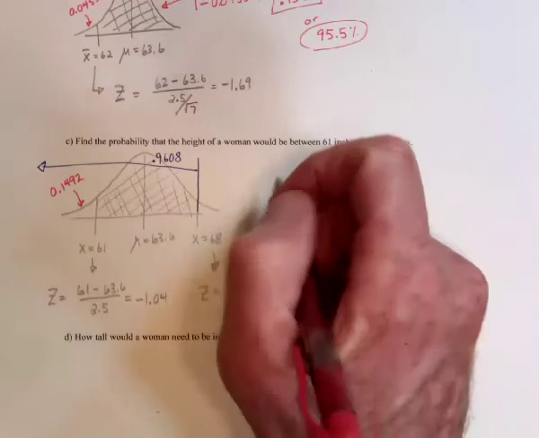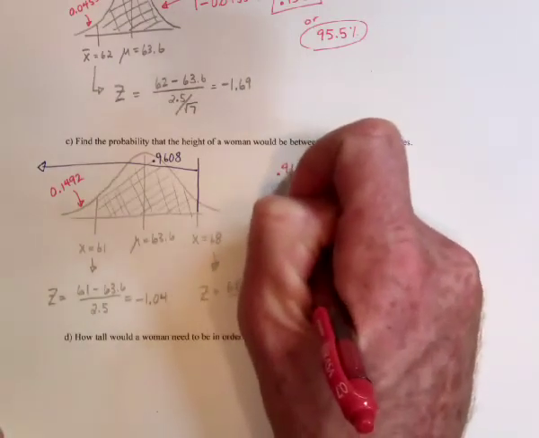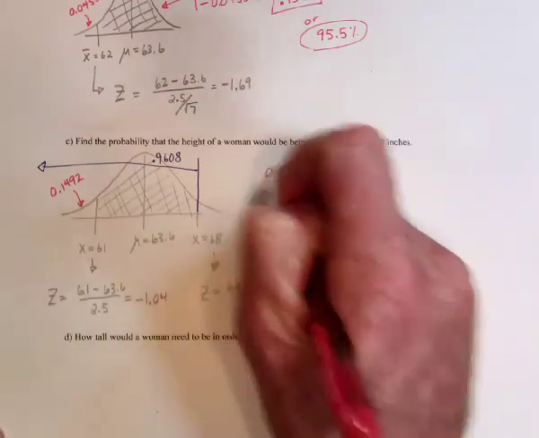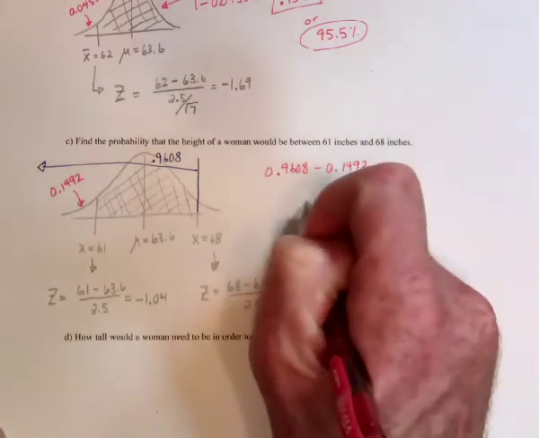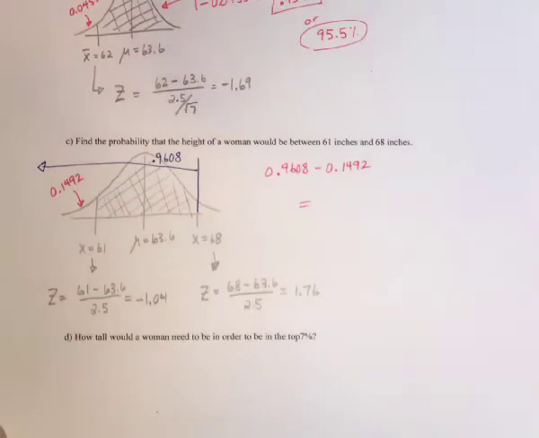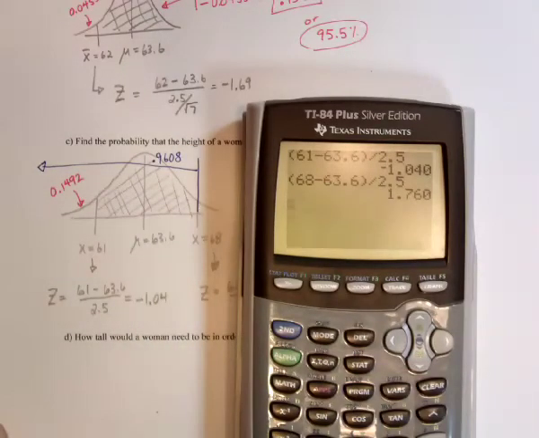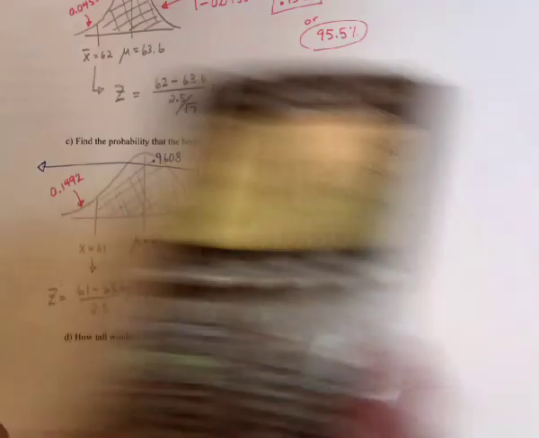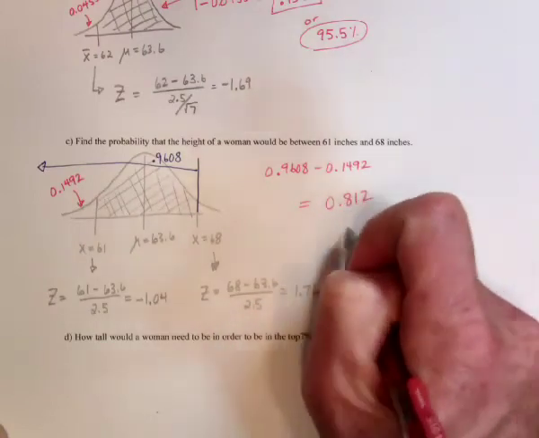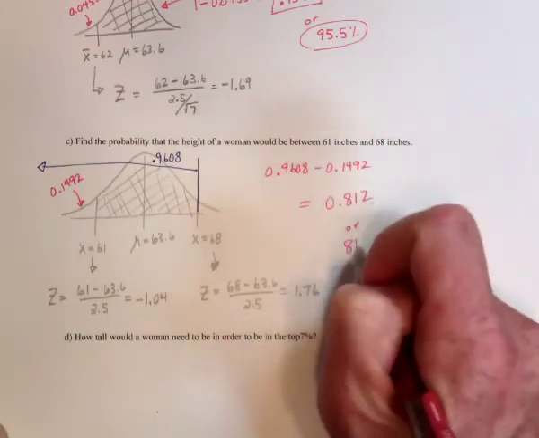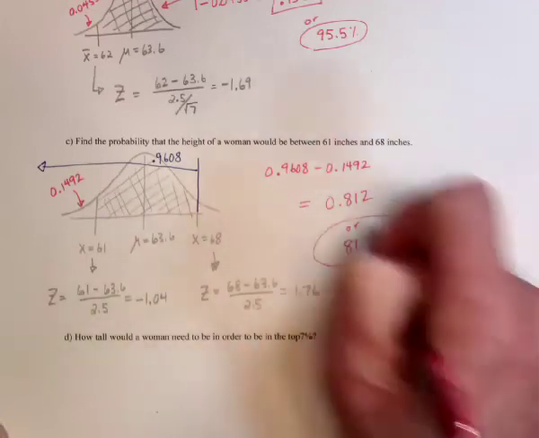So then the final answer is going to be 0.9608 subtract .1492. .9608 minus .1492 is 0.812. So 0.812, or again you can put the percentage, 81.2%.